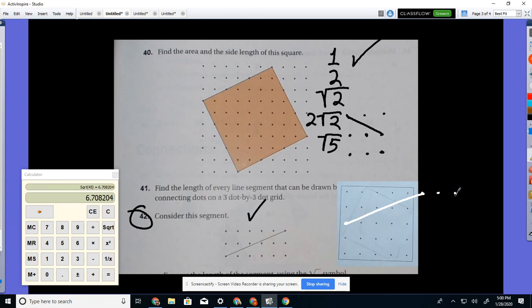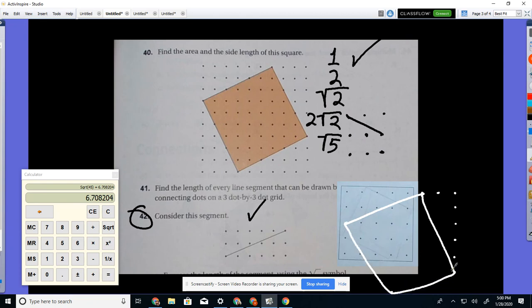Down 5, 1, 2, 3, 4, 5. Down 2, over 5, 1, 2, 3, 4, 5, and then up there.